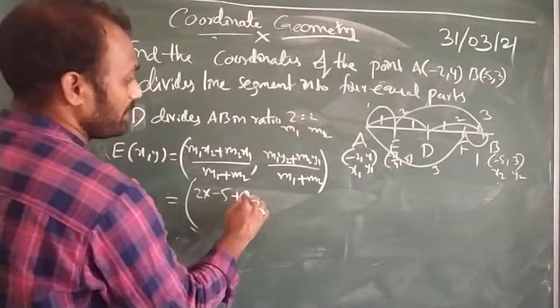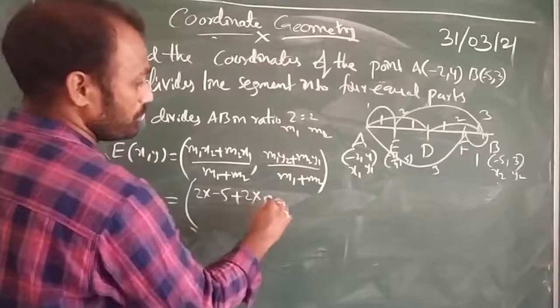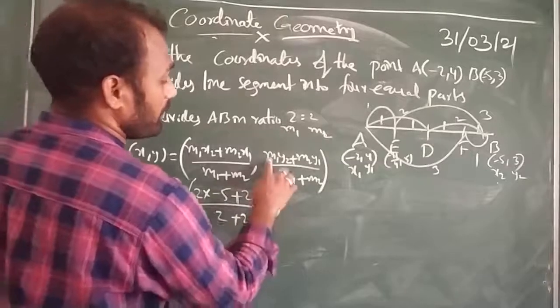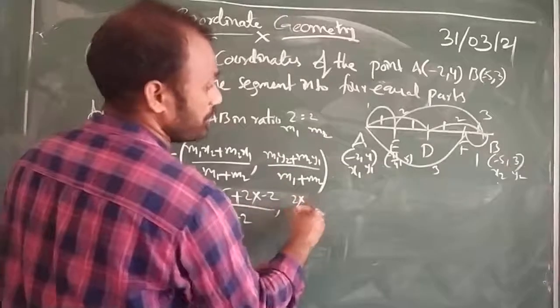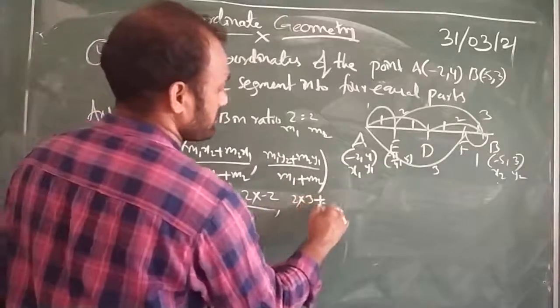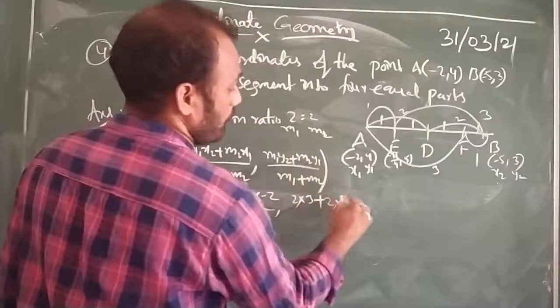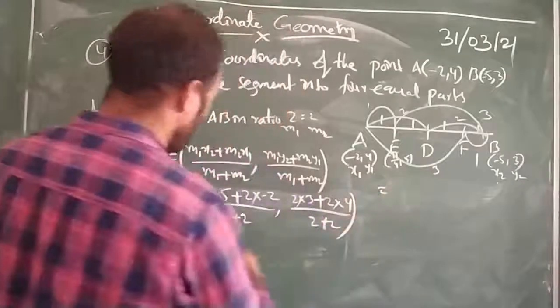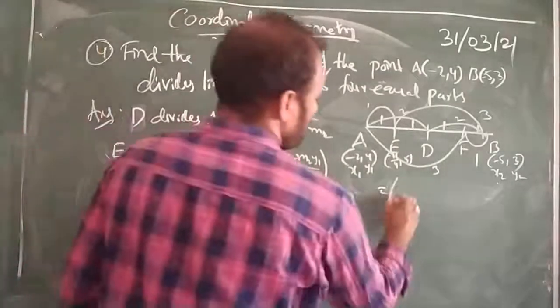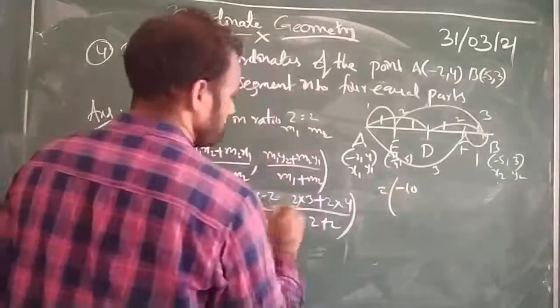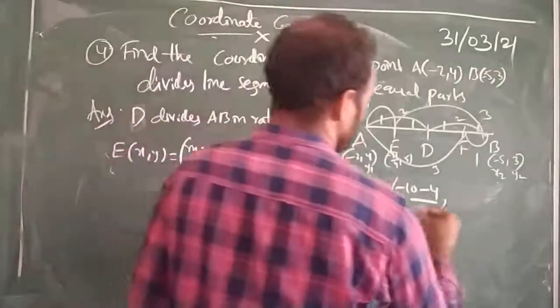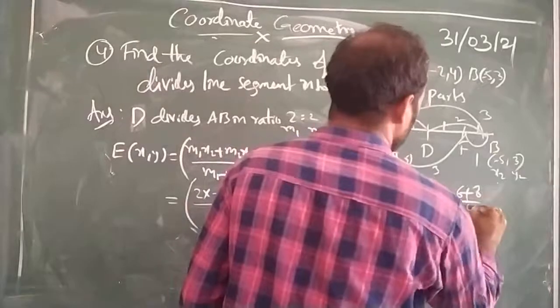So 2 into minus 5 plus 2 into minus 2 divided by 2 plus 2, comma, 2 into 3 plus 2 into 4 divided by 2 plus 2, is equal to minus 10 minus 4 divided by 4, comma, 6 plus 8 divided by 4.